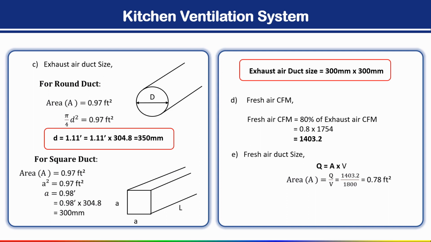Once you get the area, it depends on which type of duct you want to install. Suppose I want to install a square duct. For this, how do we do the size? The area we have calculated is 0.78 square feet. We know that the area of a rectangle is width into height.